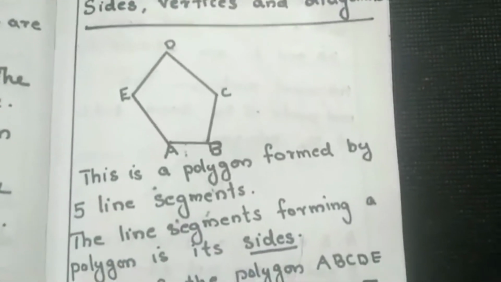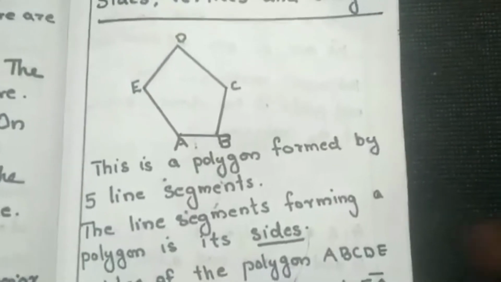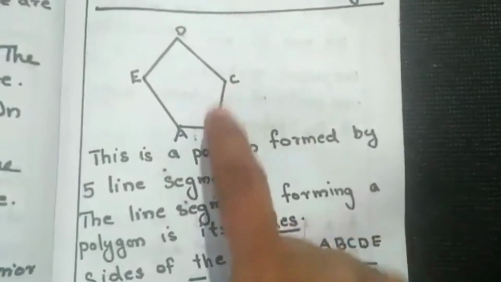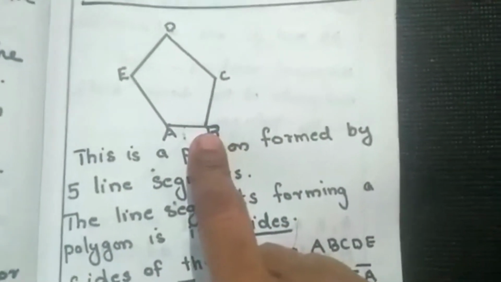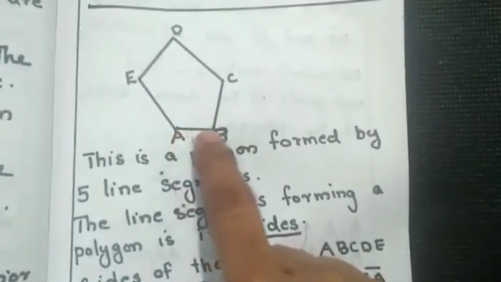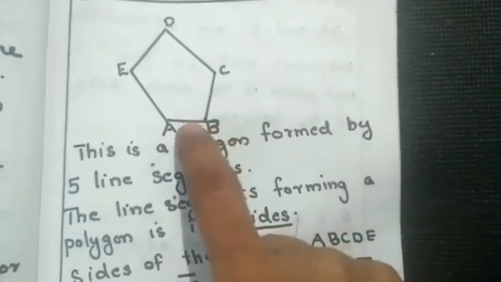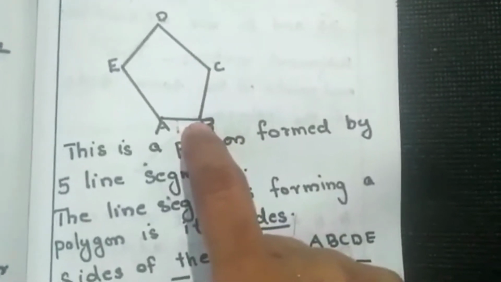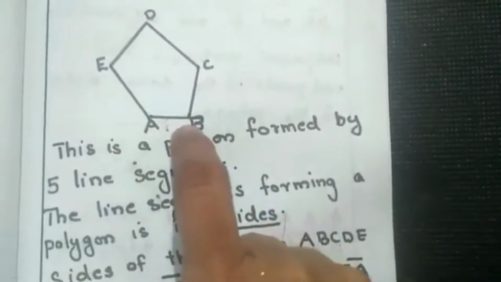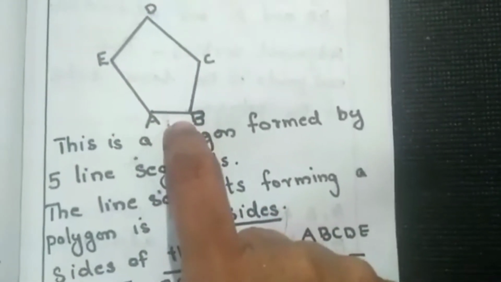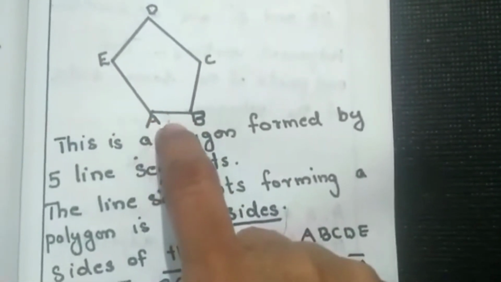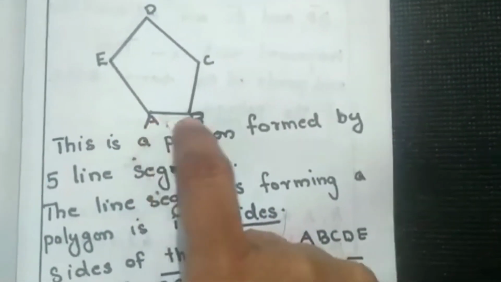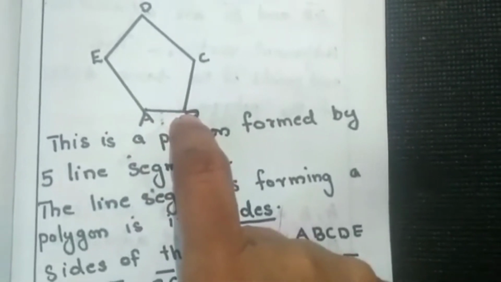Next, the word diagonal. What is a diagonal? Here you can see AB and BC are 2 sides having the common point B. So there is a common point for these 2 sides, and we can say these are adjacent sides. And here EA and AB are adjacent sides. Adjacent means nearby sides.